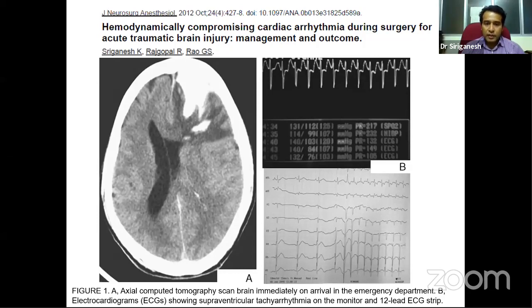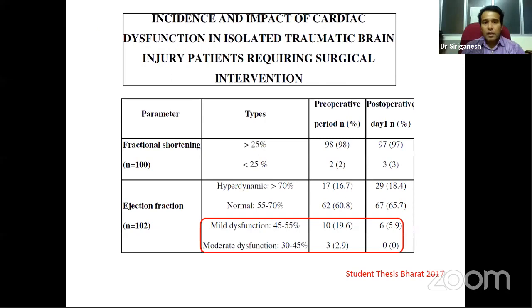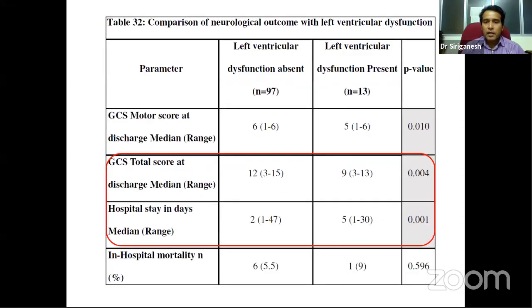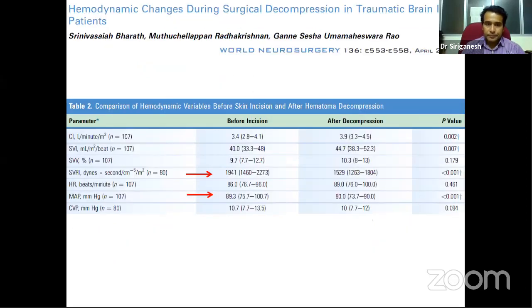and there is always a dilemma whether to correct the hemodynamic instability or go for surgery. Again, that has to be individualized. About 10% of the patients with severe traumatic brain injury present with myocardial dysfunction because of neurocardiogenic response, and those patients who have cardiac dysfunction have poor outcome in terms of lower GCS score and longer hospital stay.